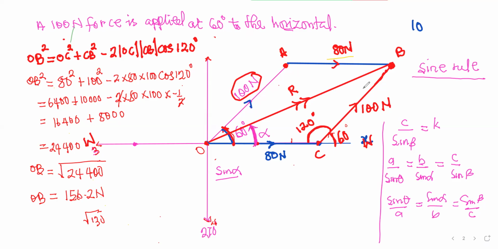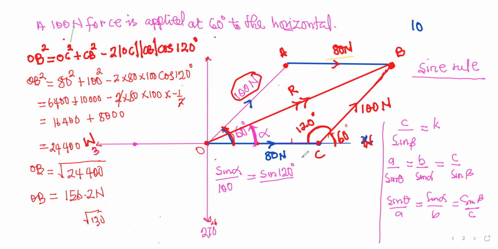It is side BC, which is 100. This must be equal to sine of 120 degrees divided by the force opposite to the angle 120.